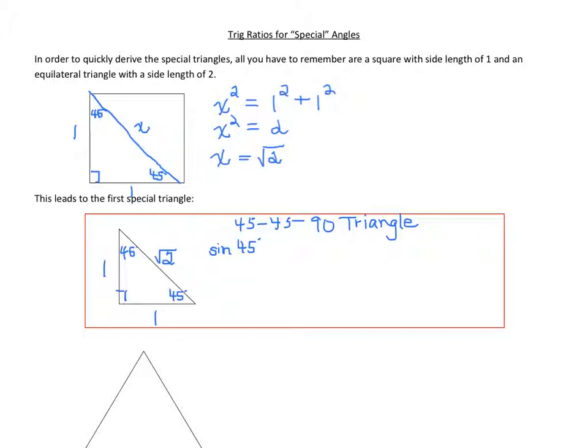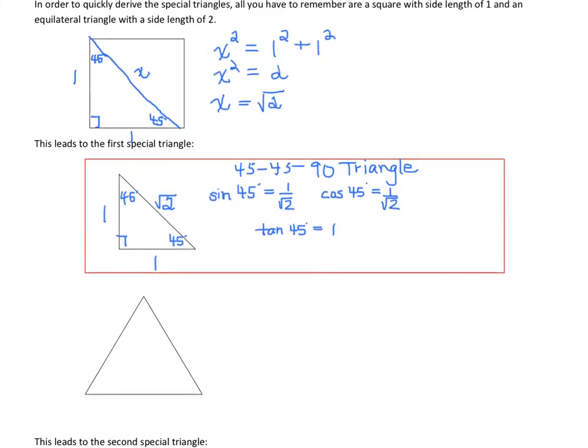So sine 45 is equal to opposite over hypotenuse, so 1 over root 2. Similarly, cosine of 45 degrees is adjacent over hypotenuse, so 1 over root 2. And tangent 45 degrees, opposite over adjacent, 1 over 1, which of course just simplifies to 1.